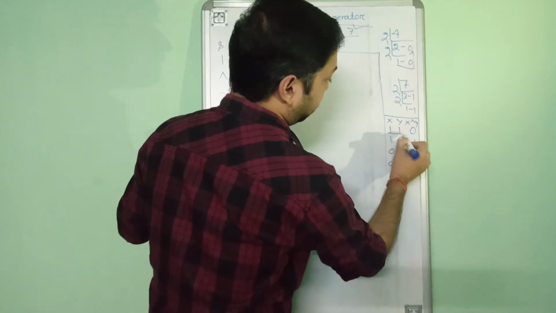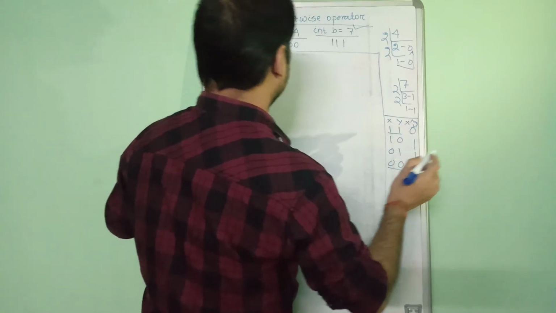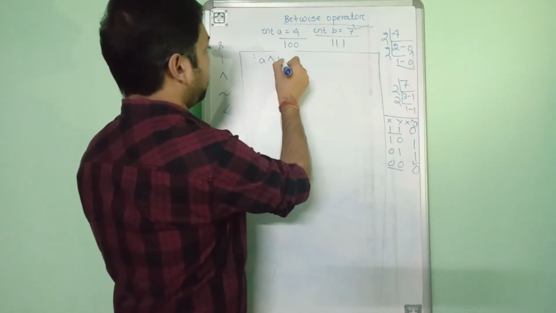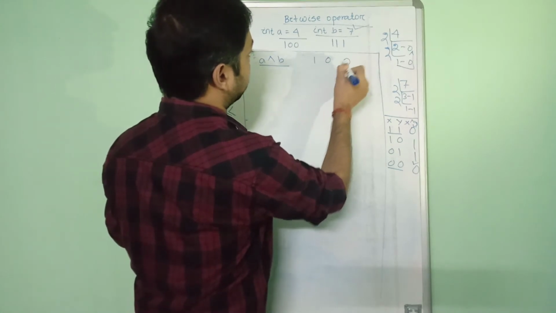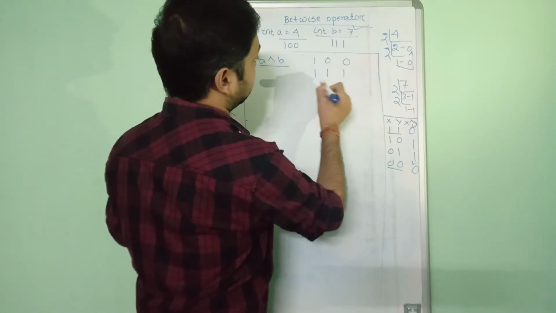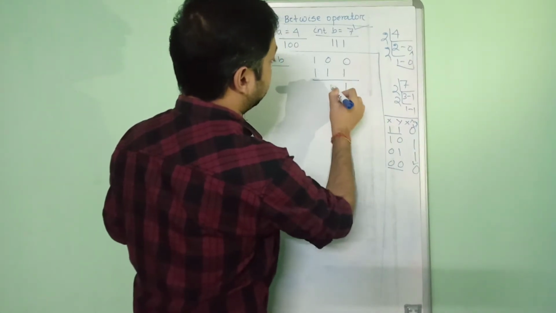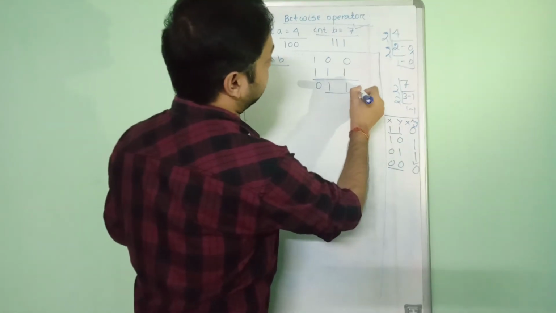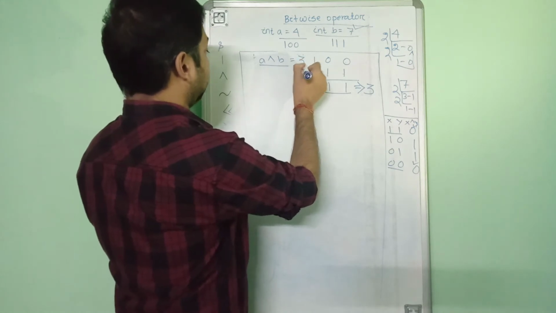That means when the two inputs are the same, the output is false. Now let us find A XOR B, that is 1, 0, 0 and 1, 1, 1. This gives 0, 1, 1, which is 3. So A XOR B is 3.